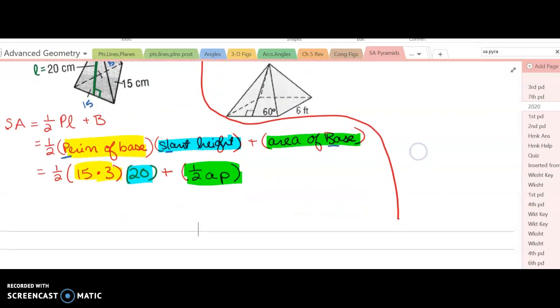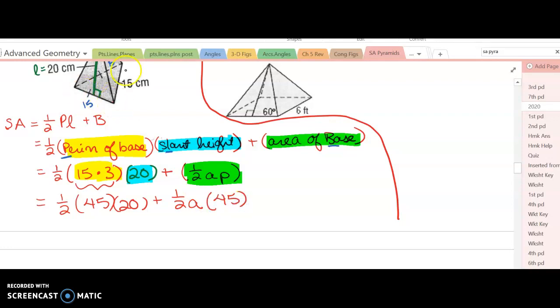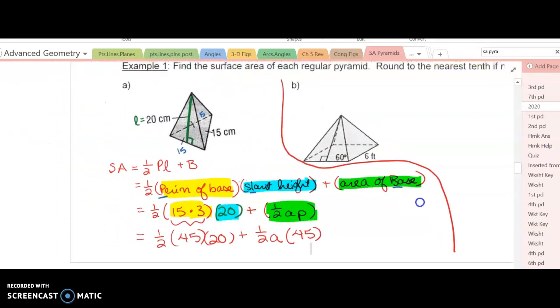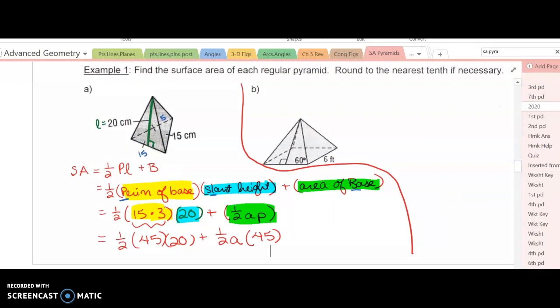So perimeter of our base we know, so we have 1/2 times 45 times 20, 45 being 15 times 3, plus 1/2 times our apothem, which we don't know yet, times our perimeter of 45. So let's think about how to find that apothem.